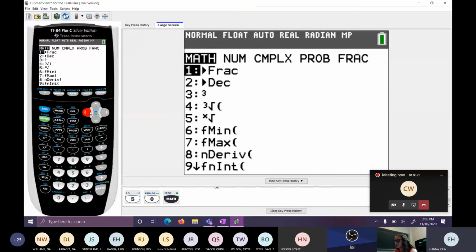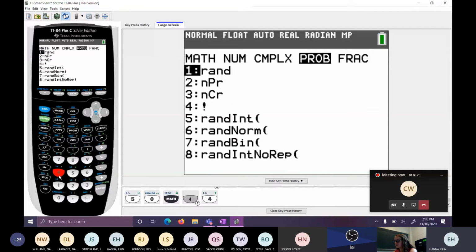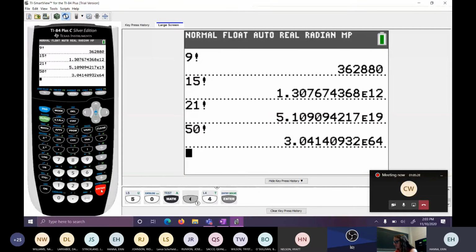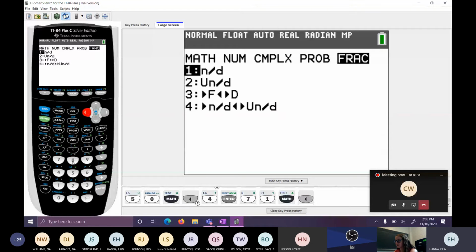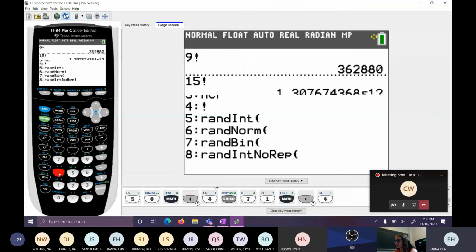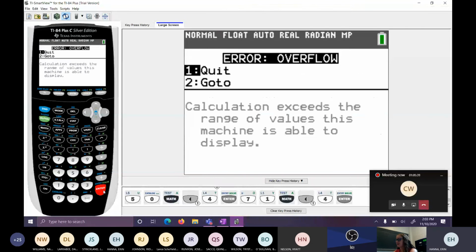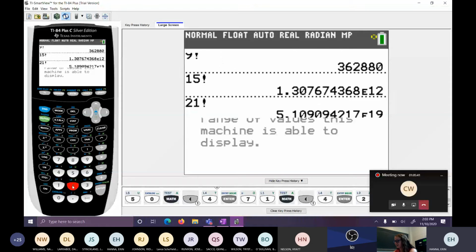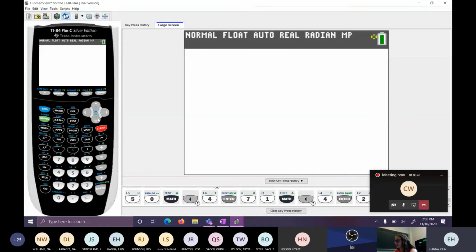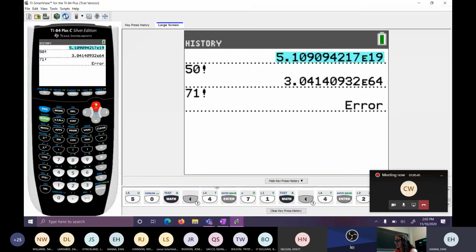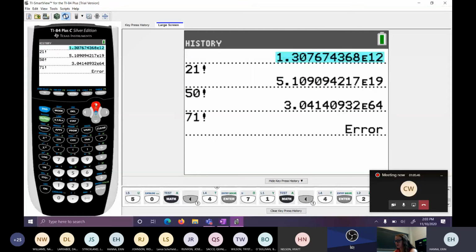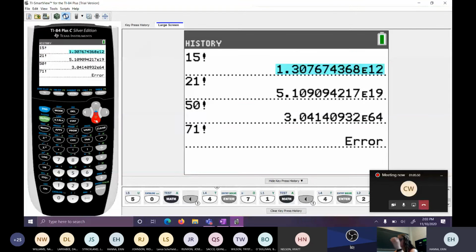About 50, that probably overloads it. No? Okay, well maybe I'm crazy. I think eventually it does overload. Unless the calculators have gotten much better than I think they are. There we go. Okay. So know that sometimes the factorials get too large and it can't do it. So that's another reason to be used to working with them a little bit by hand at least.